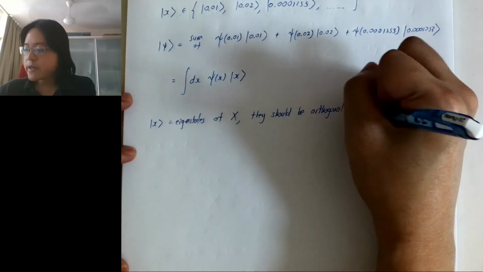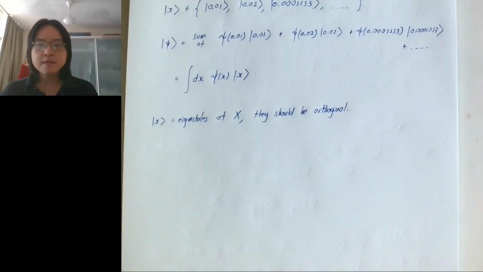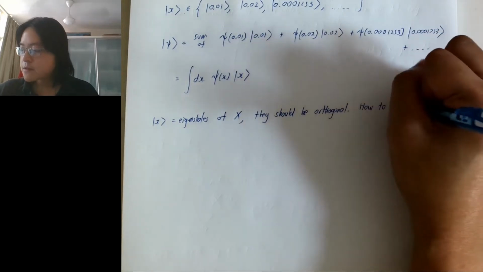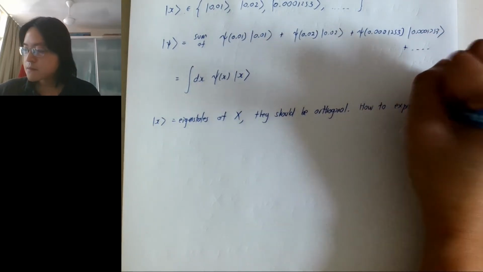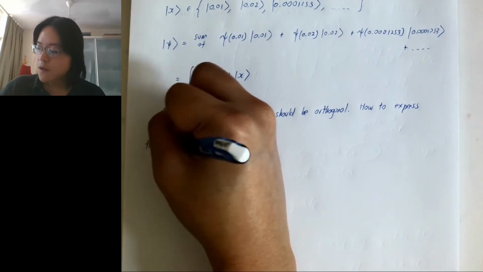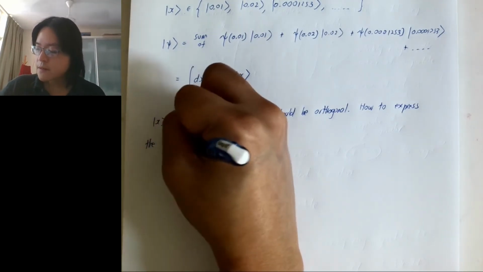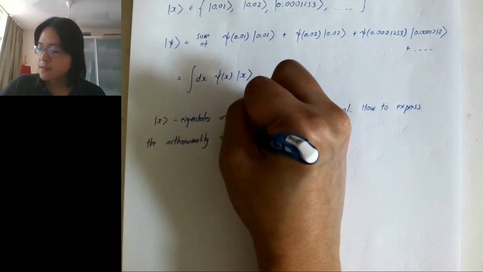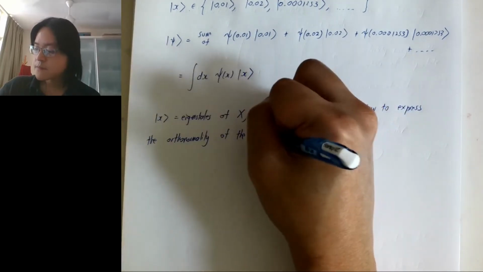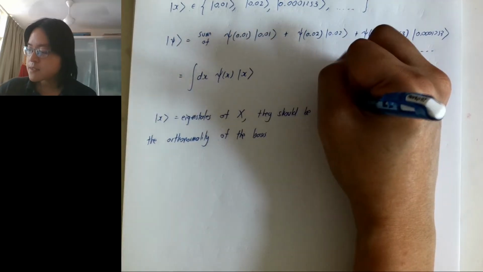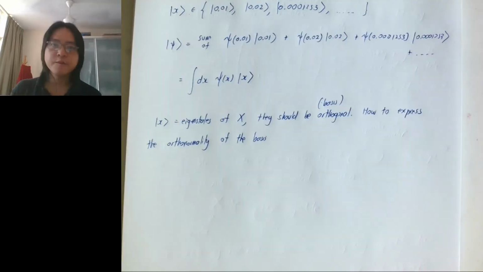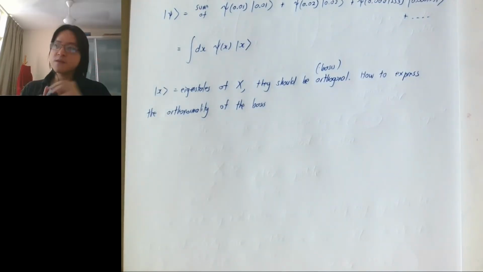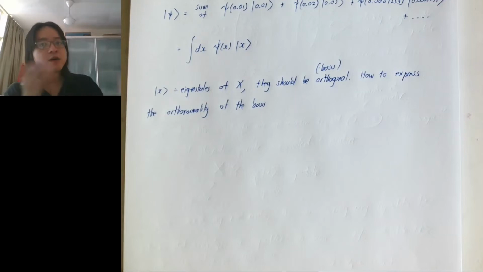So here comes the question: how do we express the orthogonality or orthonormality of the basis? They form a basis, so how do we say something is orthogonal? We can carry over some concepts.